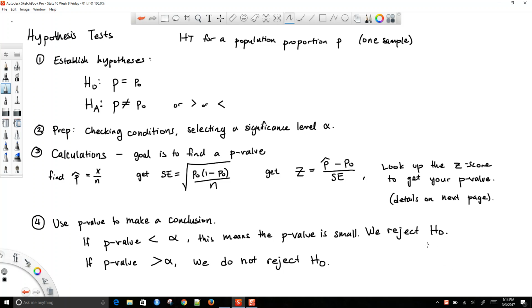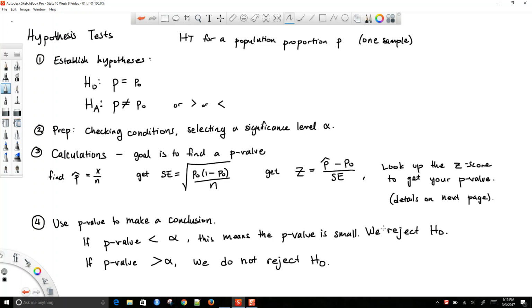So these are the steps for carrying out a hypothesis test. Let me give you these details on looking up the z-score to get our p-value. So far so good? Yes, question? What if it's equal to?